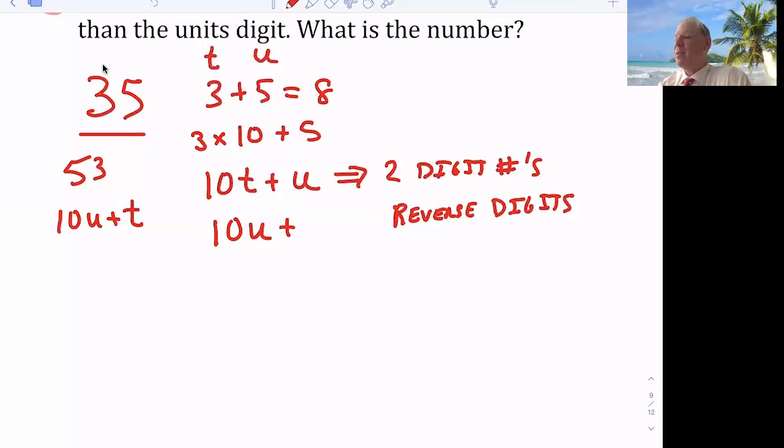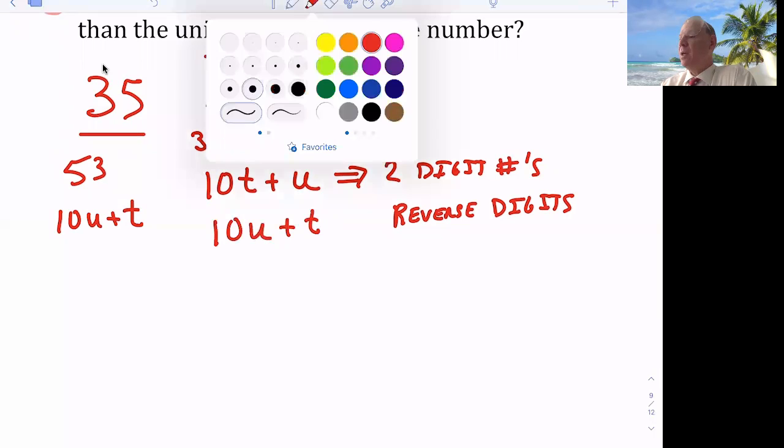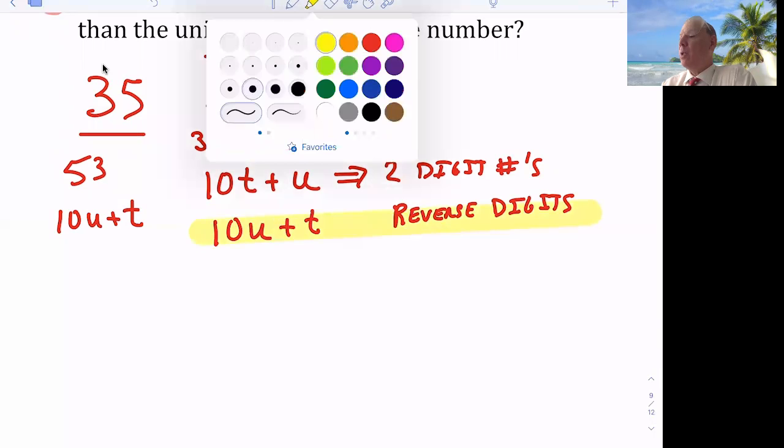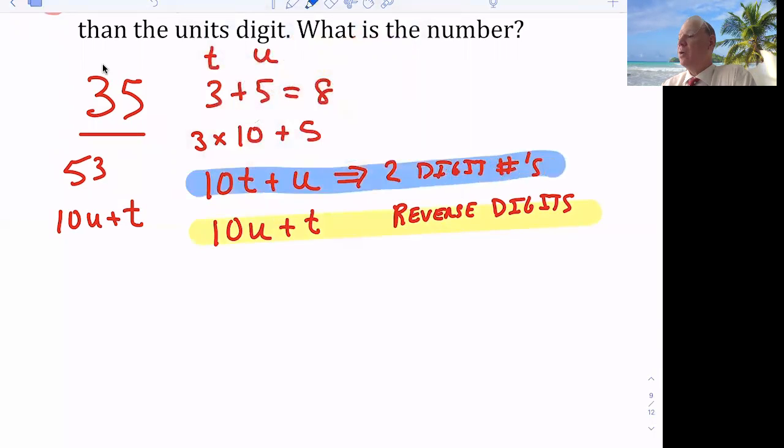In the past, I've kind of skipped these problems, but I saw one on the SAT and one on the ACT. So I think it was important to add these back into the lesson. I need everybody to understand when you reverse it, it becomes 10u plus t. Normally, it's 10t plus u, and the digits themselves are called t and u.